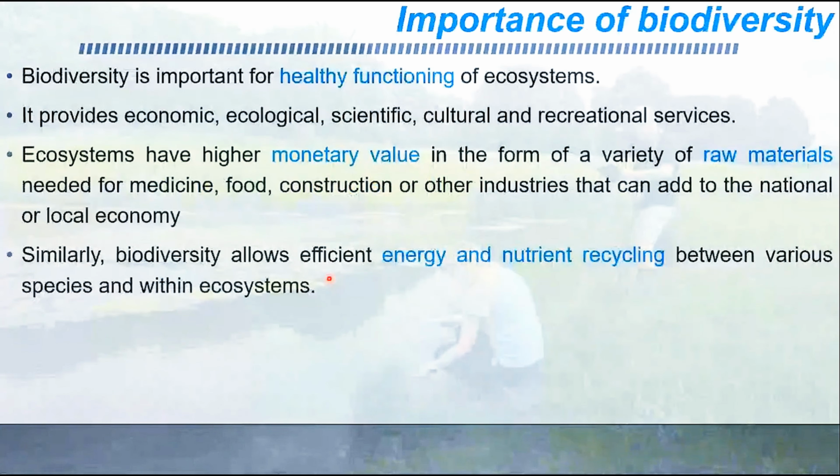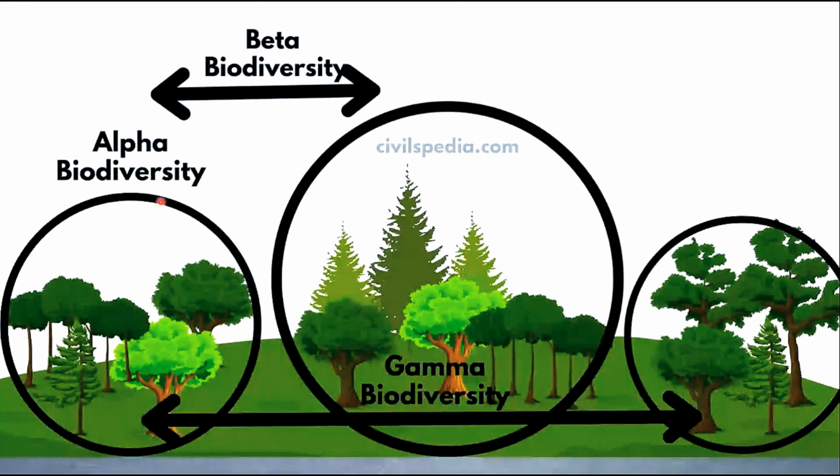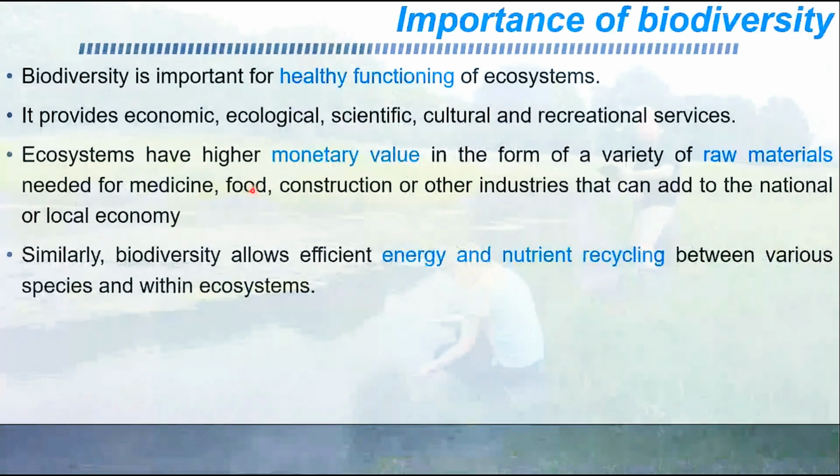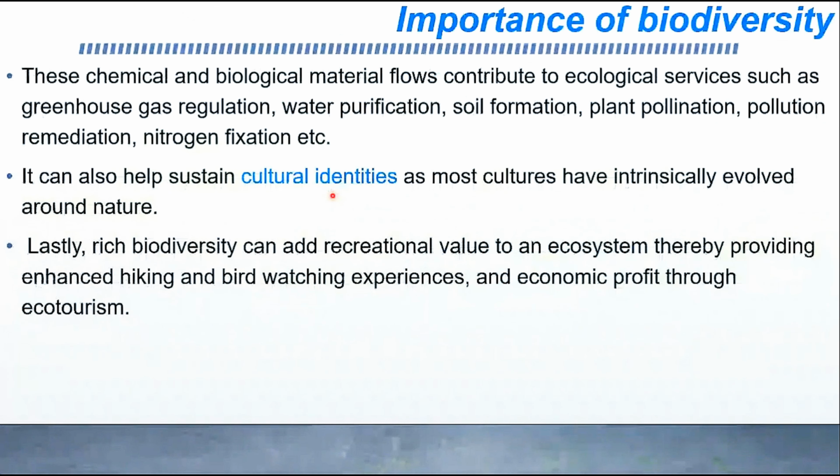Now, what are ecosystem services? It gives us food, right? It gives us medicine, construction, and other raw materials for us to survive. It helps in maintaining greenhouse gases. It helps in water purification, soil formation, pollination, a very important thing that's happening right now, pollution remediation, nitrogen fixation. All these are ecosystem services.